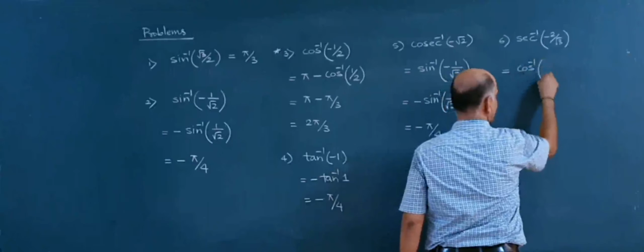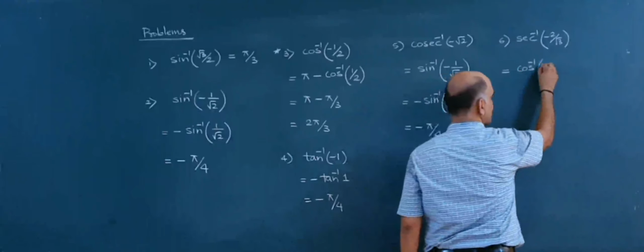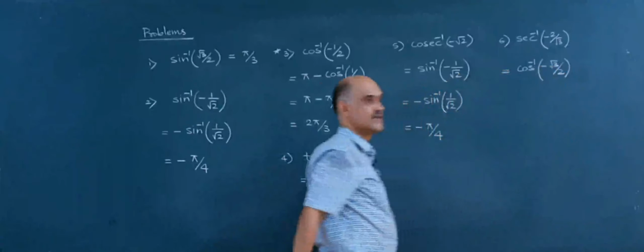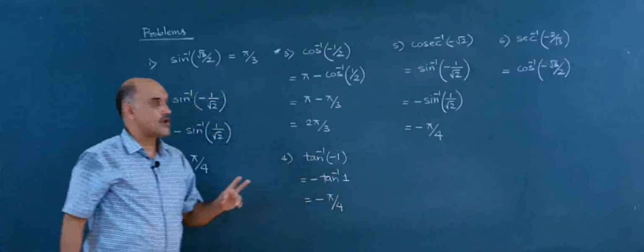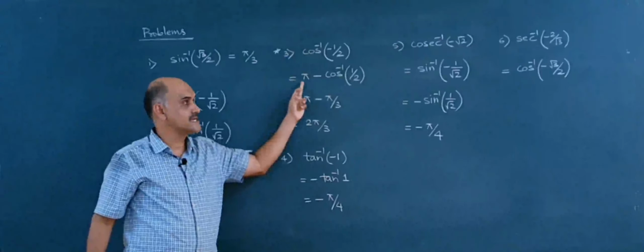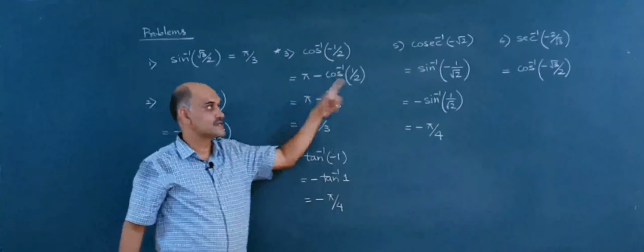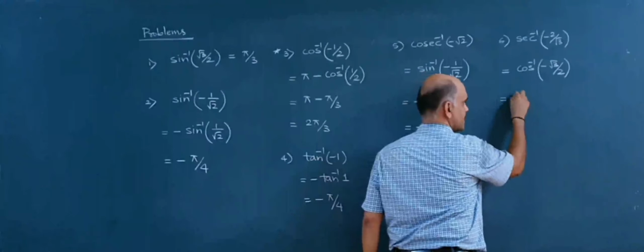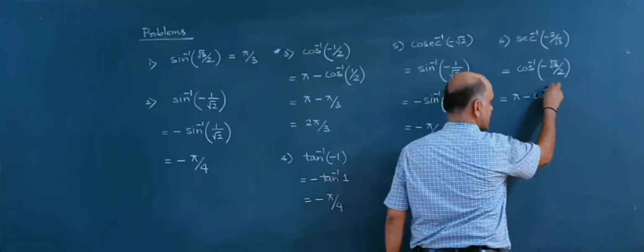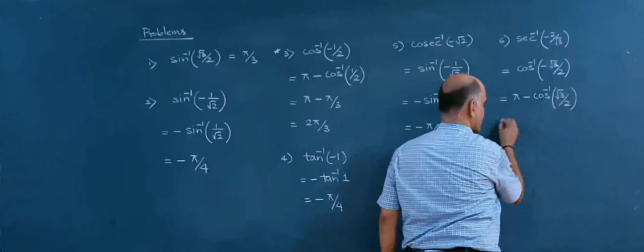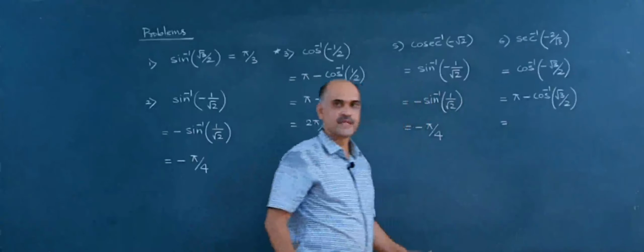So cos inverse of minus root 3 by 2. Now in cos, if you have a negative sign, you will write it as pi minus. So cos inverse of minus root 3 by 2, I will write as pi minus cos inverse root 3 by 2.